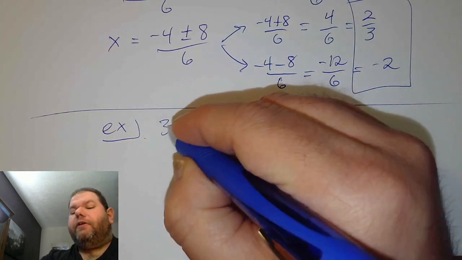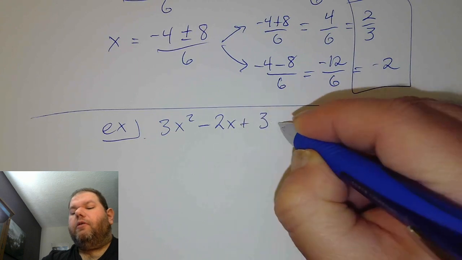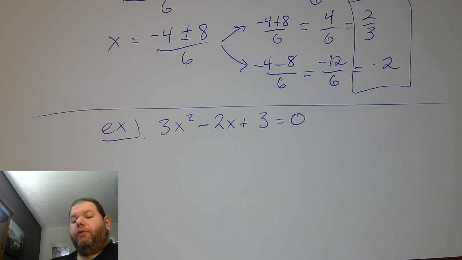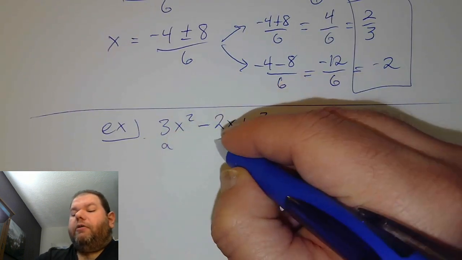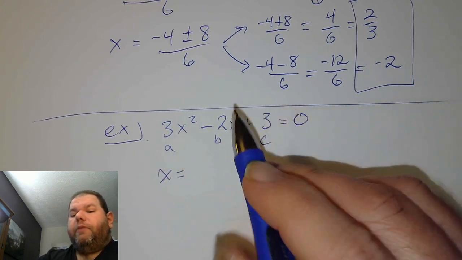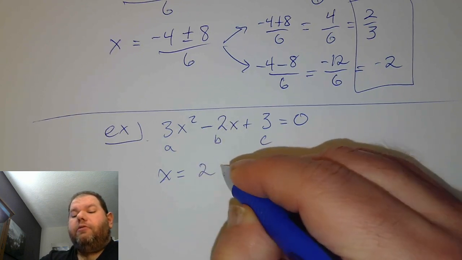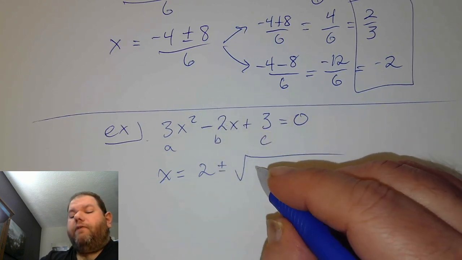Let's try this instead. Three x squared minus 2x plus 3 is equal to 0. So we have a, we have b, and we have c. Now, negative b, or the opposite of b in this case, turns out to be a positive 2. b squared, negative 2 times itself, is positive 4.